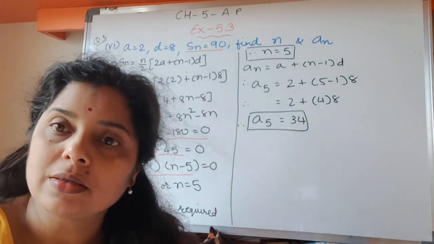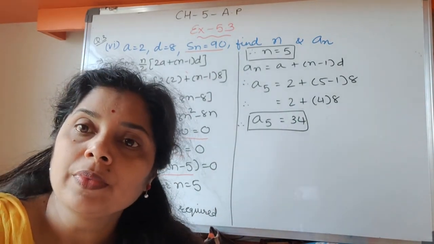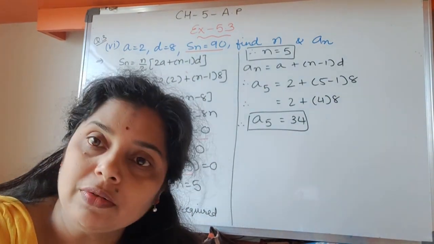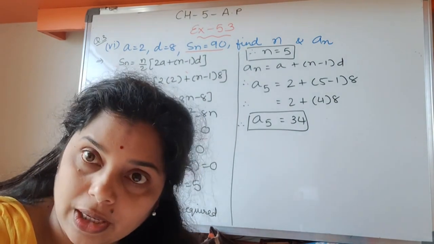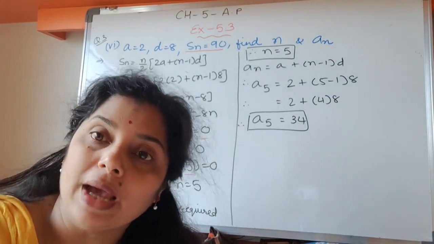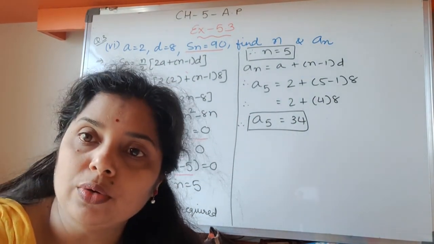So as the last term is given, we can use the formula Sn is equal to n by 2 into a plus L. By substituting the value Sn, which is 210, value a, which is 8, and value L, which is 62, we can easily get the value n.